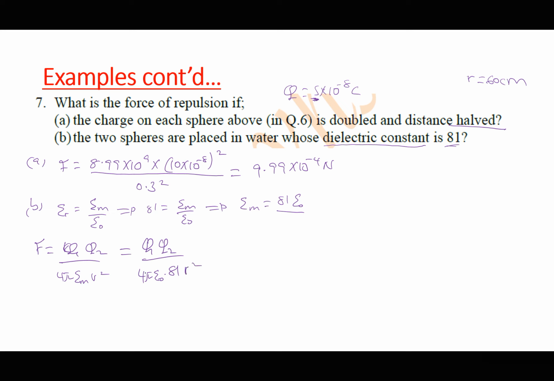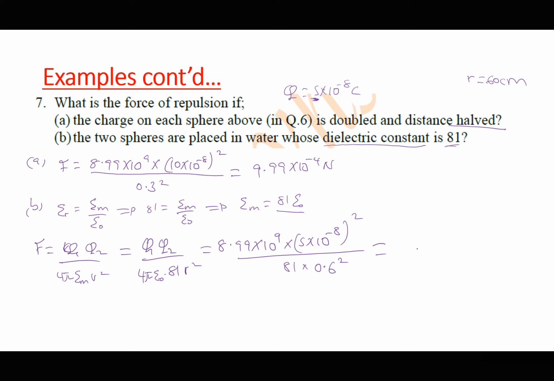And 1 over 4 pi epsilon naught is K. So this becomes 8.99 times 10 power 9, then times the product of the charges, assuming the magnitude has remained the same, so it will be 5 times 10 power negative 8, and this is squared because there are two charges, Q1 and Q2. Divide by, now here I've removed 1 over 4 pi epsilon naught, so I remain with 81 times r squared. r has remained the same, 60, so that will be 0.6 squared.